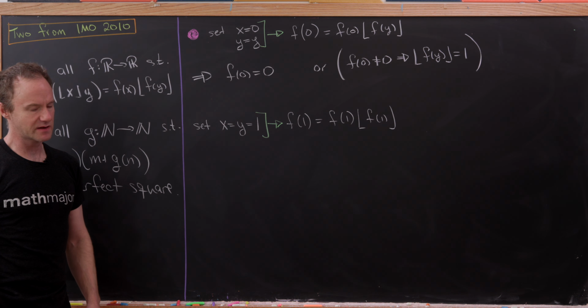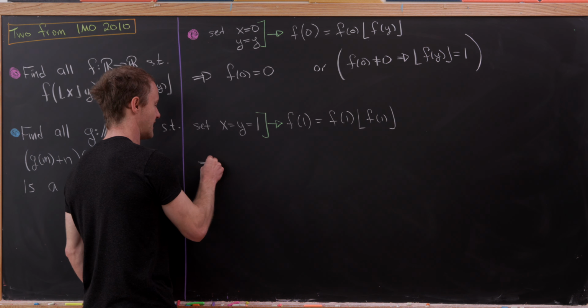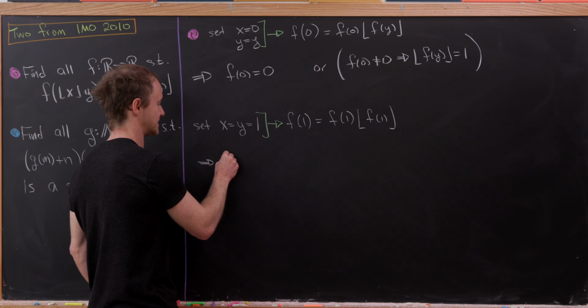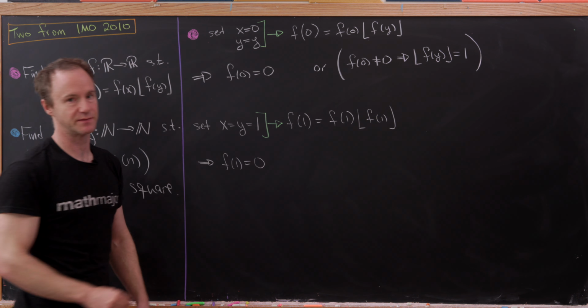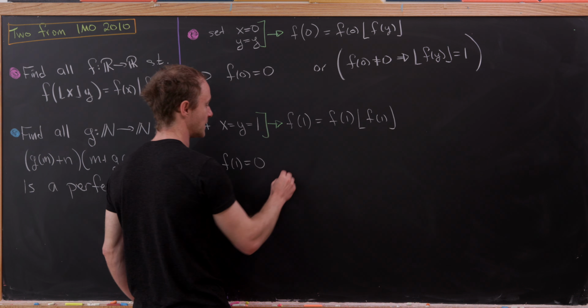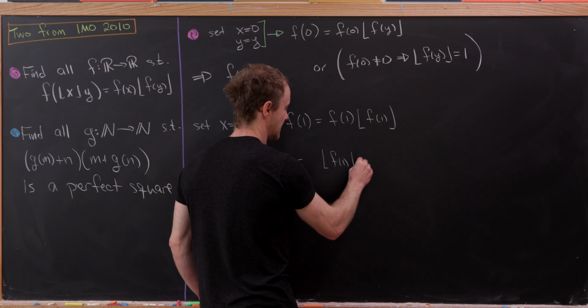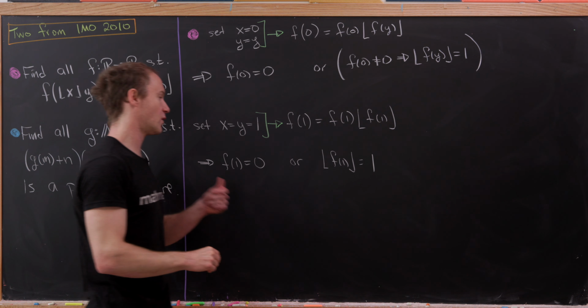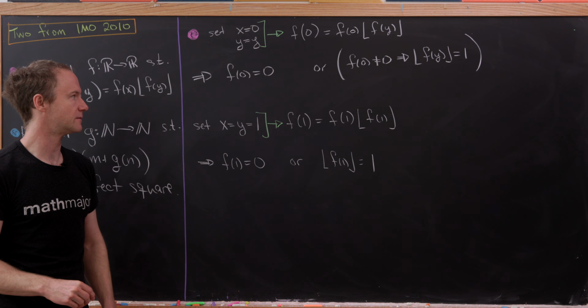Now we can make the same sort of argument. That allows us to see that f of 1 is 0, that's one possibility for that equation, or the floor of f of 1 equals 1, because if f of 1 is non-zero, then we can divide both sides of that equation by f of 1.